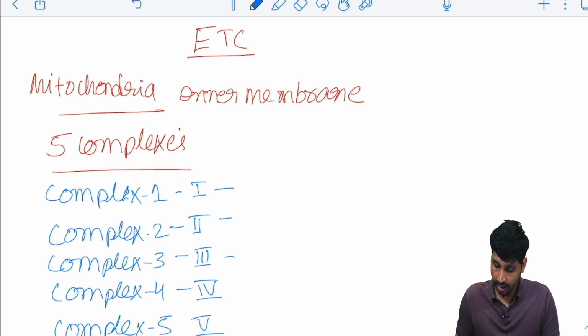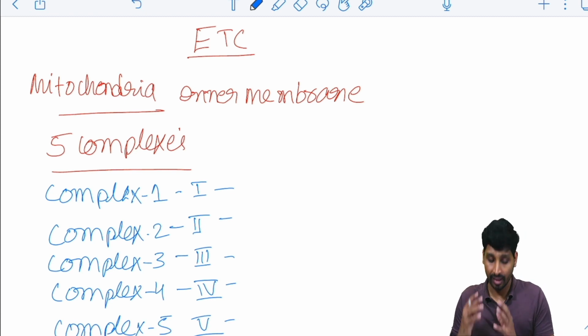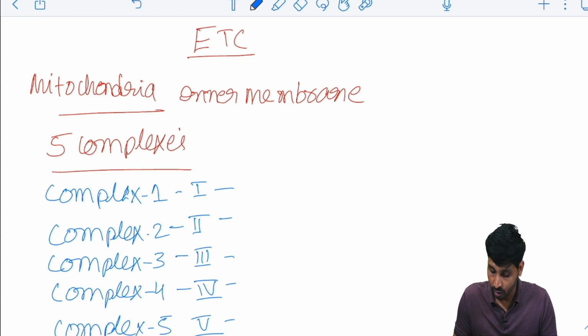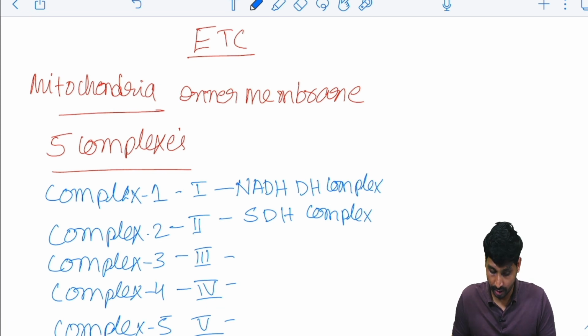So, the other names of these complexes we will discuss now. Complex 1 is otherwise known as NADH dehydrogenase complex. Complex 2 is known as succinate dehydrogenase complex, and complex 3 is known as cytochrome reductase complex.